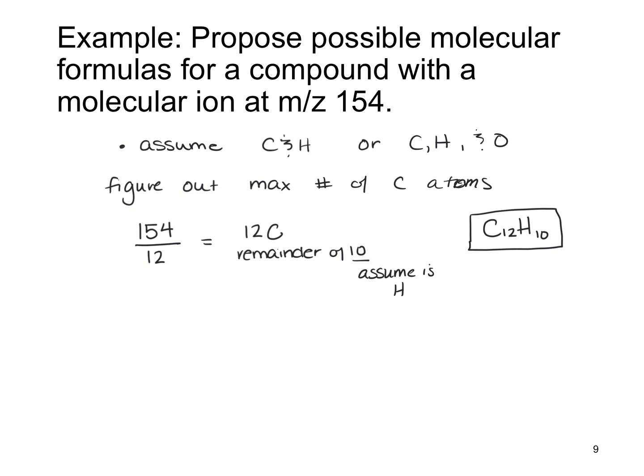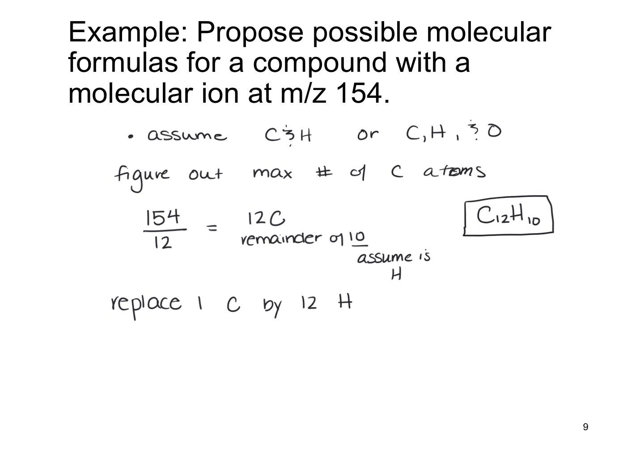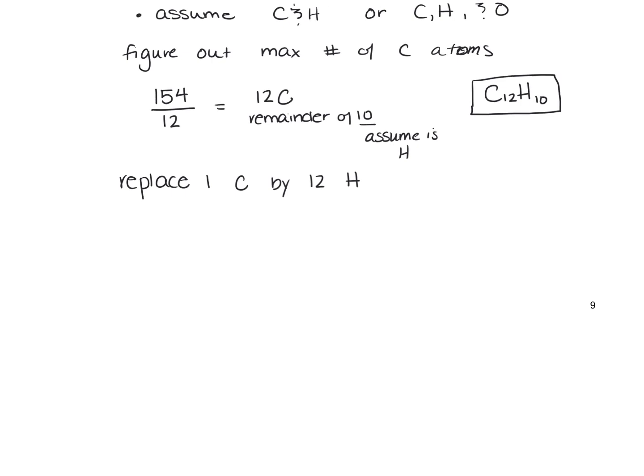Now, my next step to determine other possible molecular formulas is to replace one of the carbons by 12 hydrogens. So my next step here is I'm going to replace one carbon by 12 hydrogens. Now, when I go through and I do this, that means now I'm going to have 11 carbons, and then 10 plus 12 would give me 22 hydrogens.